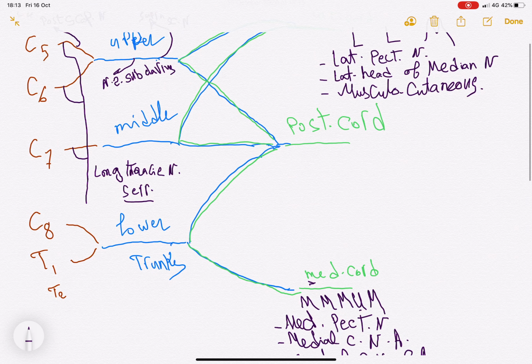The final cord, the posterior cord, we remember by the word ULTRA.